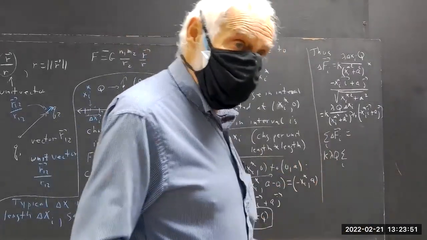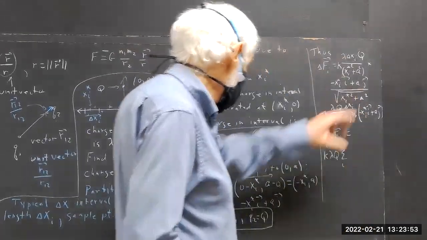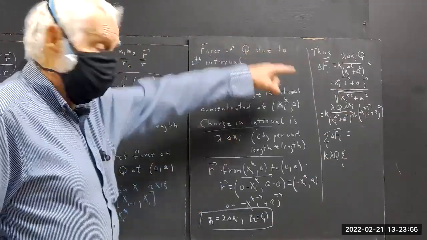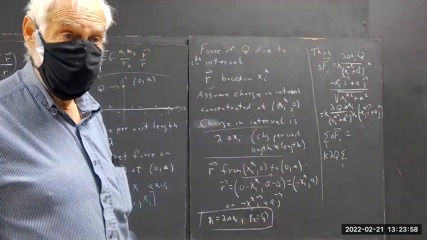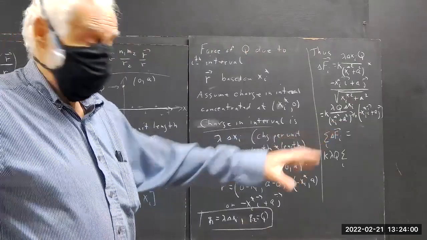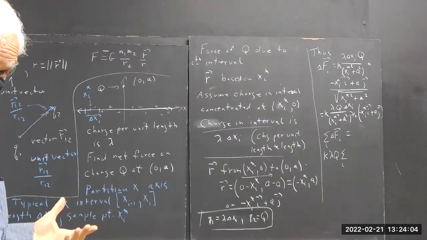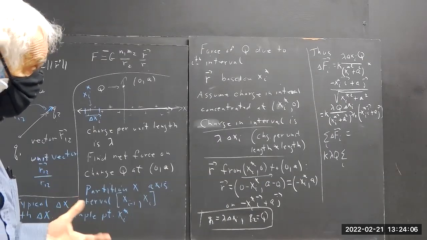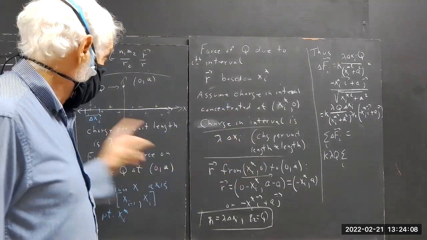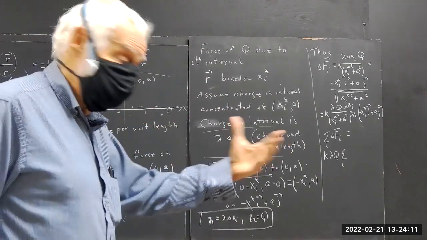When you get tied up in those details, I want the concept. The concept is we're getting the force for one interval. Now we're going to sum it up for all intervals, whether this is an infinite line or a finite line. We partition whatever the interval of the x-axis is, and we get the result.